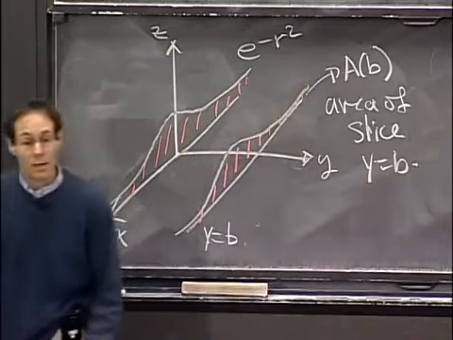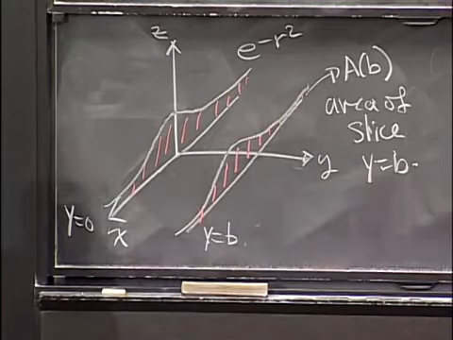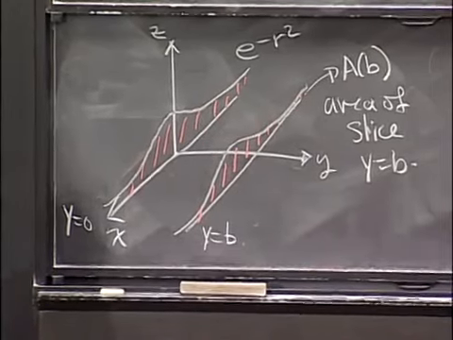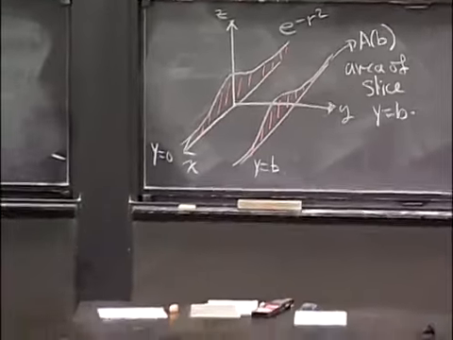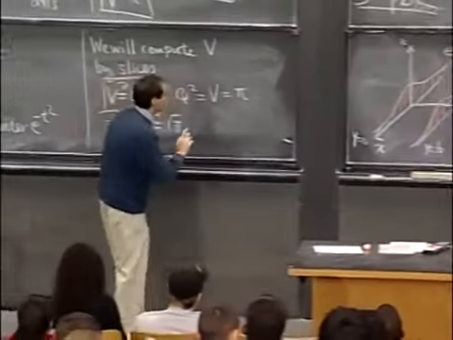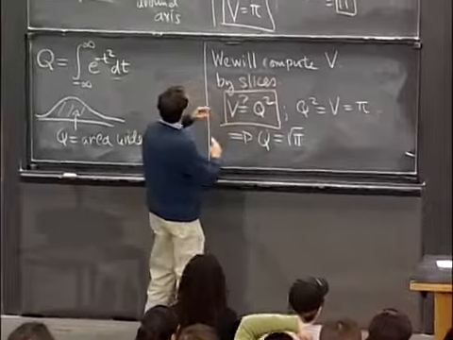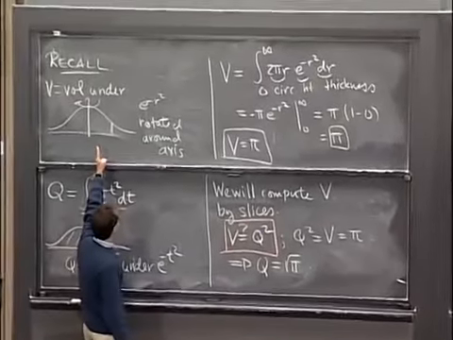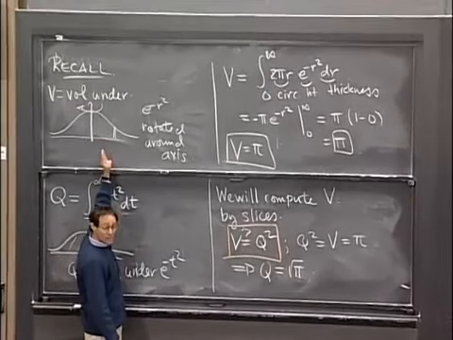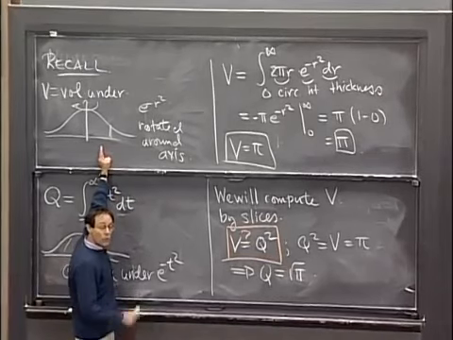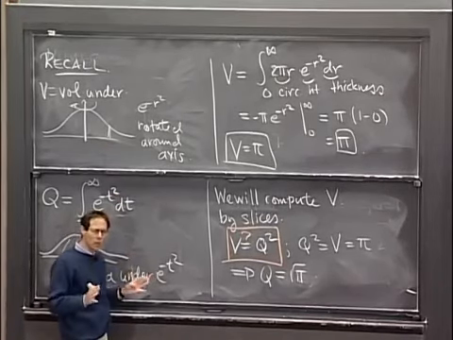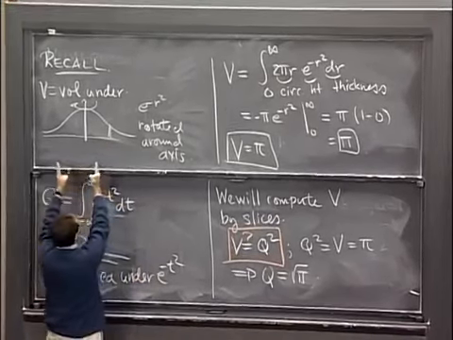Okay? Yes, question? Is the solid the rotation of this curve? Yeah, the solid, yeah. We're trying to figure out this volume here, which is the one we started out with, by slices. So first I have to think of, I'm going to visualize, so here I didn't even visualize it.